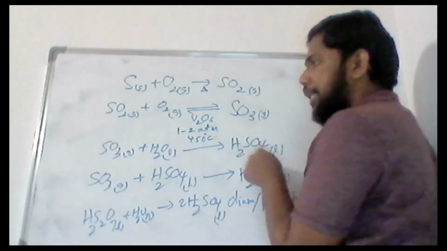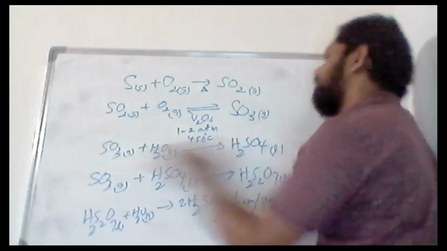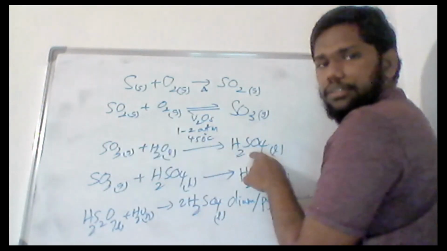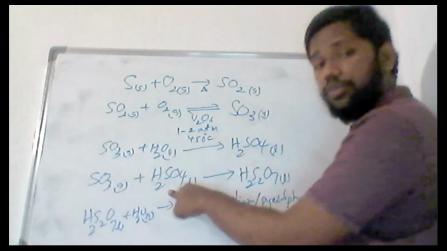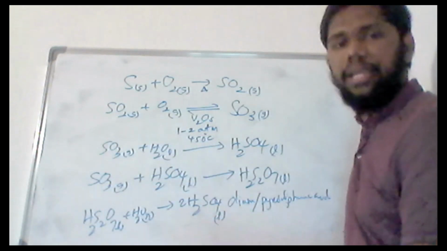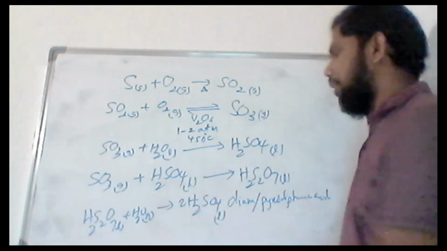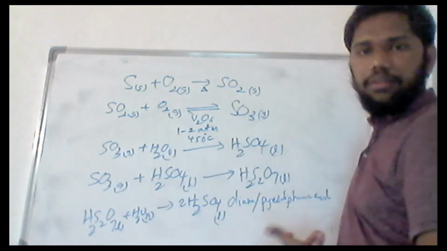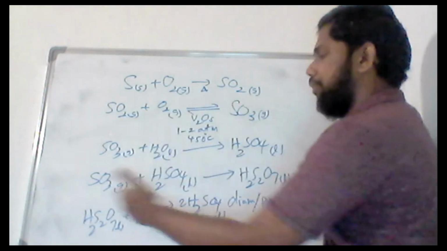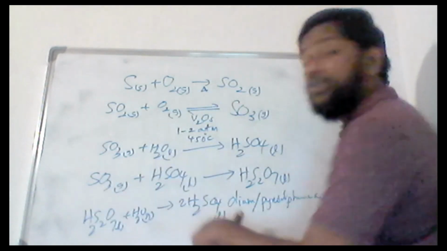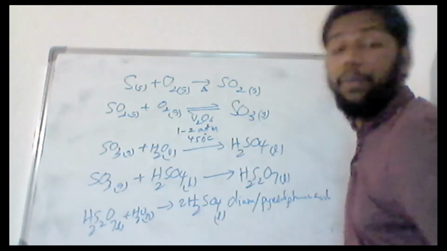But the problem is that the direct reaction with water is not complete. So SO3 is added to a little bit of previously made H2SO4. Then you form oleum, pyrosulfuric acid, and then you add a little bit of water, because it will form 2 H2SO4, which is more beneficial.